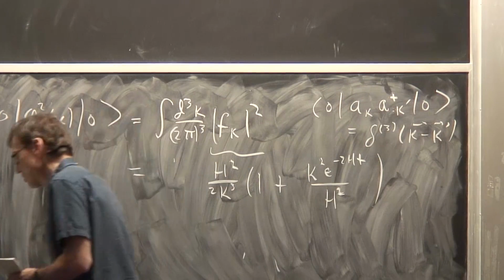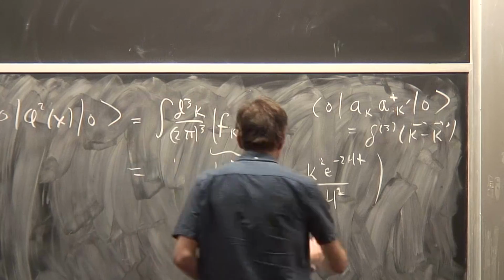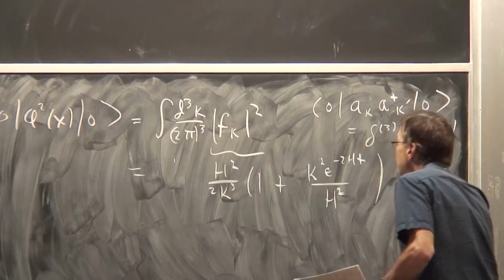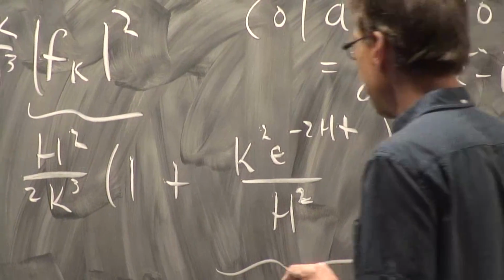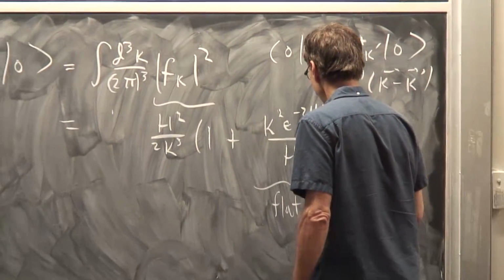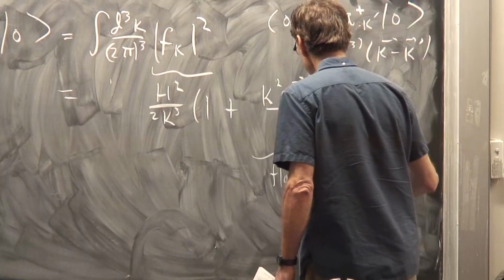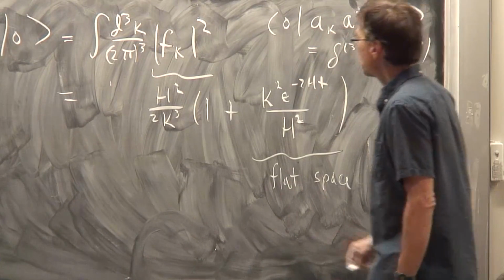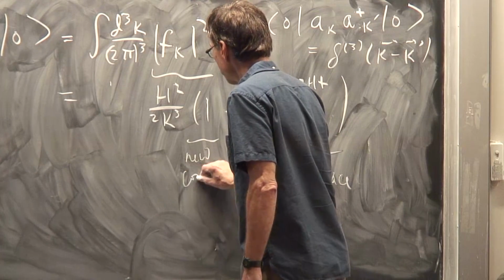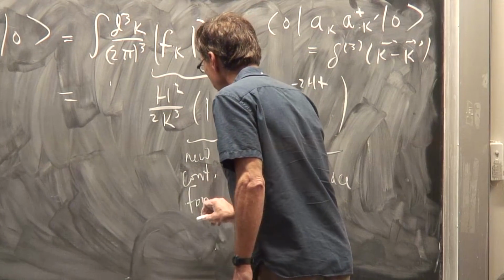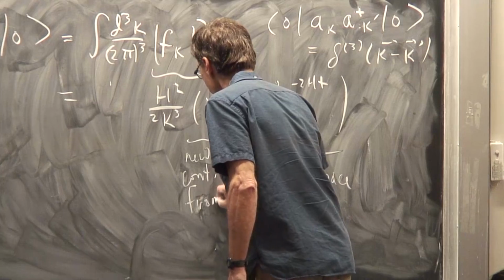That might look a little bit unfamiliar, but you can convince yourself that this part is exactly the usual contribution from flat Minkowski space. And so the one with the 1 is the new contribution coming from being in a de Sitter background.